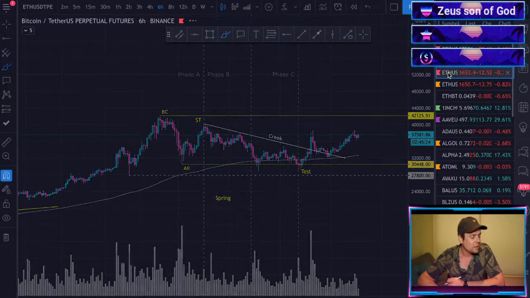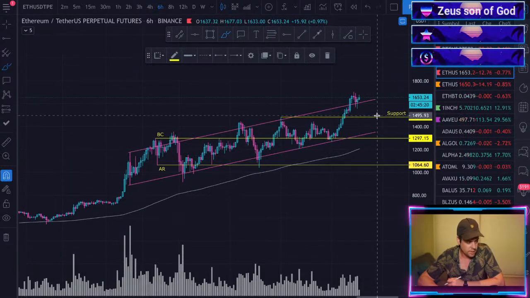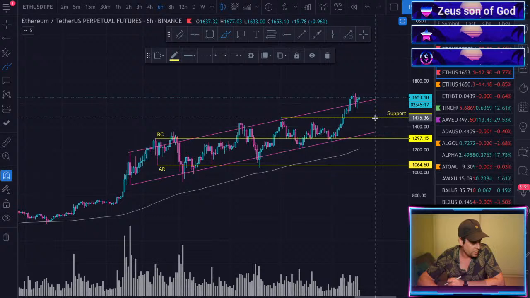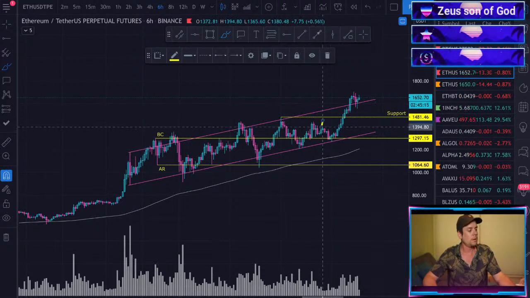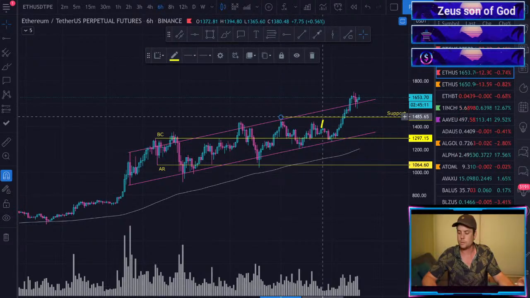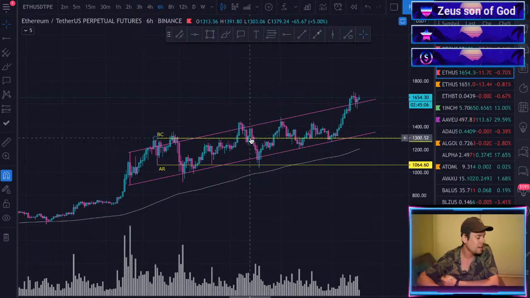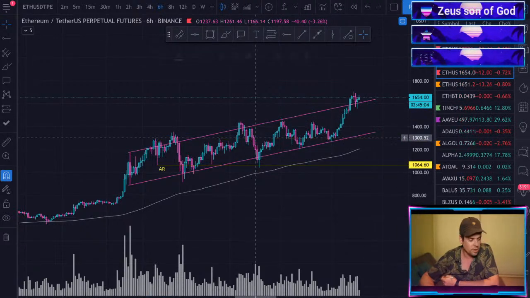So let's just take a look at what is going on with Ethereum. Let me just get rid of this drawing so we can get a clear picture here. So basically, we're inside of this ascending channel. I'm just going to clean it up a little bit more. Those are my notes.